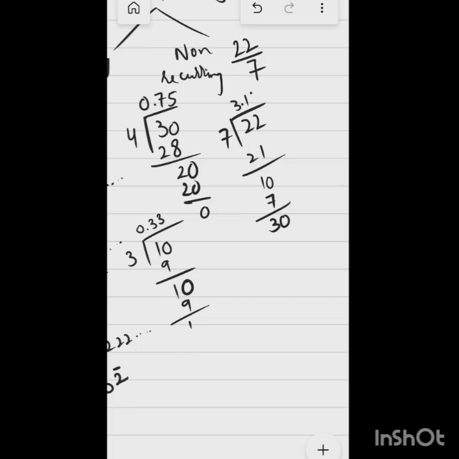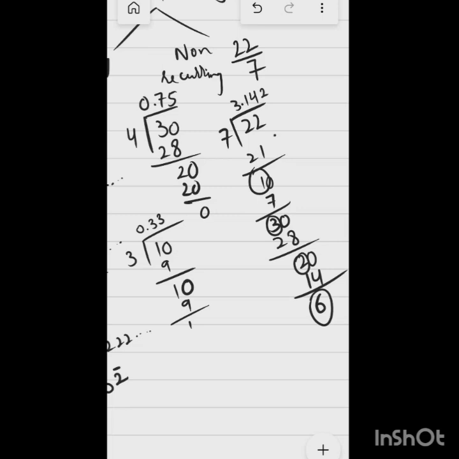7 fours are 28. Now the remainder is 2, then 20, 7 twos are 14, and now the remainder is 6. You can see every time the remainder is changing. It was 1, then 3, then 2, and now 6.